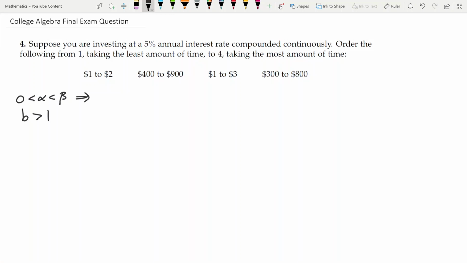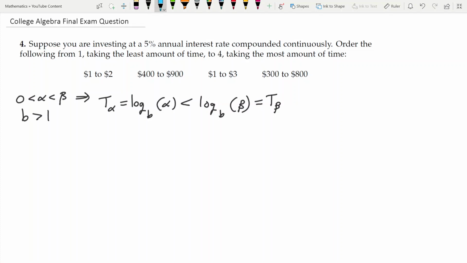Okay, so under these assumptions, t alpha, which is log base b of alpha, is less than log base b of beta. That's because log base b is an increasing function since b is greater than 1. And so we have this. So what this means is that in our case, we could do the following.